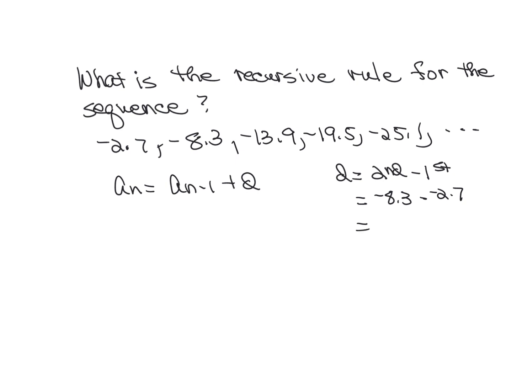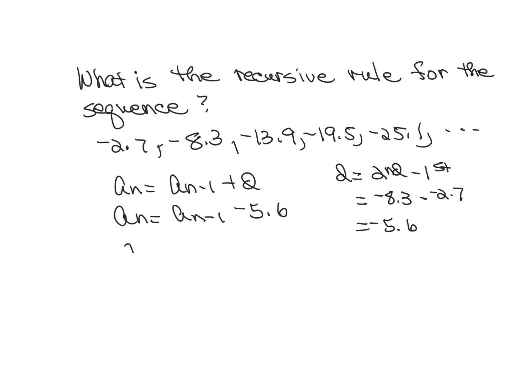And when I simplify that, I get negative 5.6. So the first thing I can do is take my formula and replace d. When you write your recursive formula, not only do you replace d, but you also state the value of a sub 1.